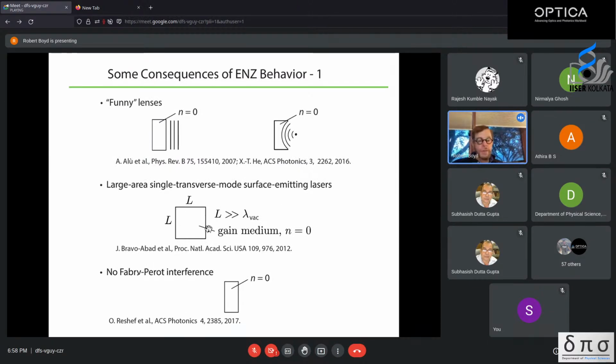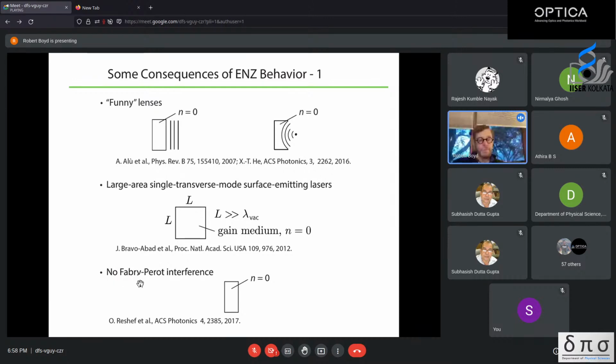Usually, if you make the size of the facet of a semiconductor laser large, you'll find that it becomes overmoded, which you don't want. But if the gain medium has a real part of the refractive index that vanishes, everything will be emitted in a single mode, no matter how large this distance L is.